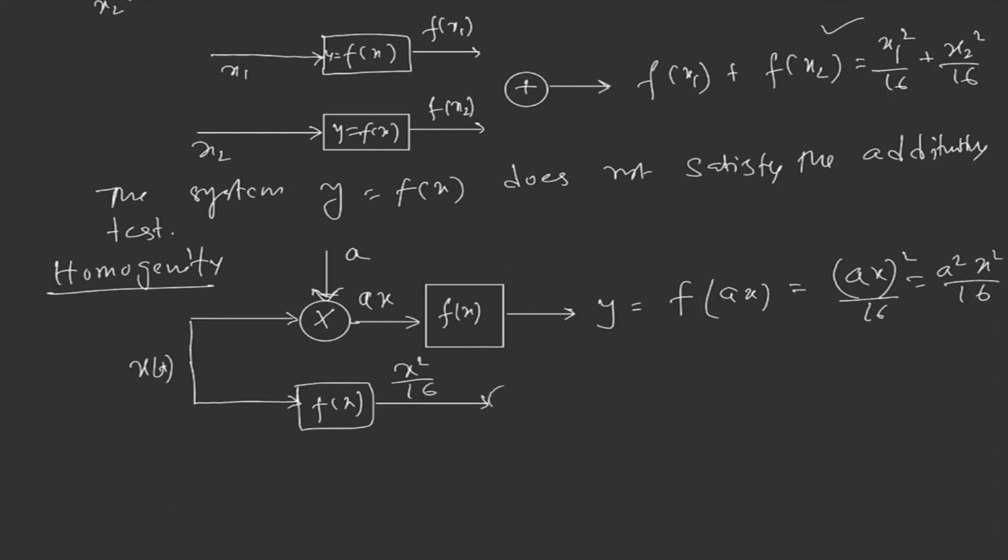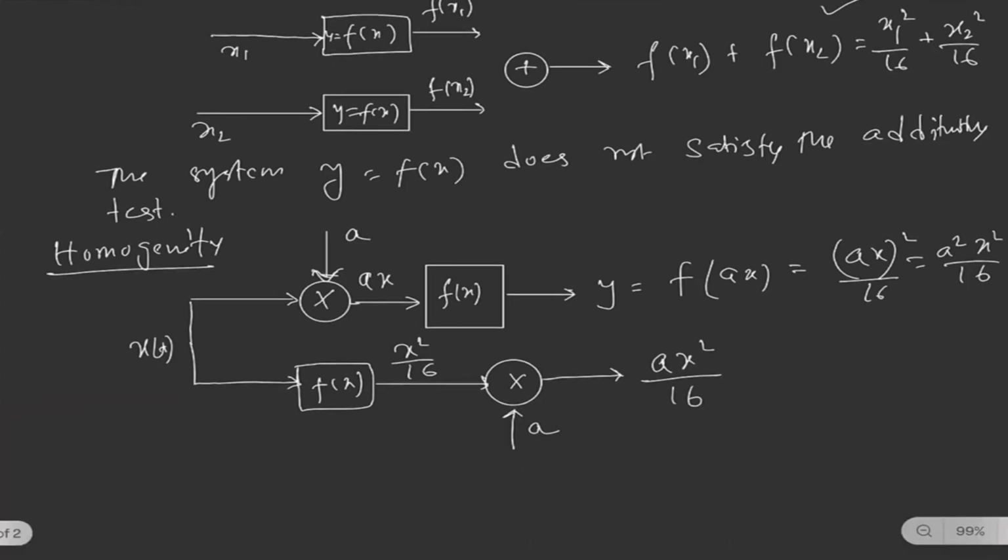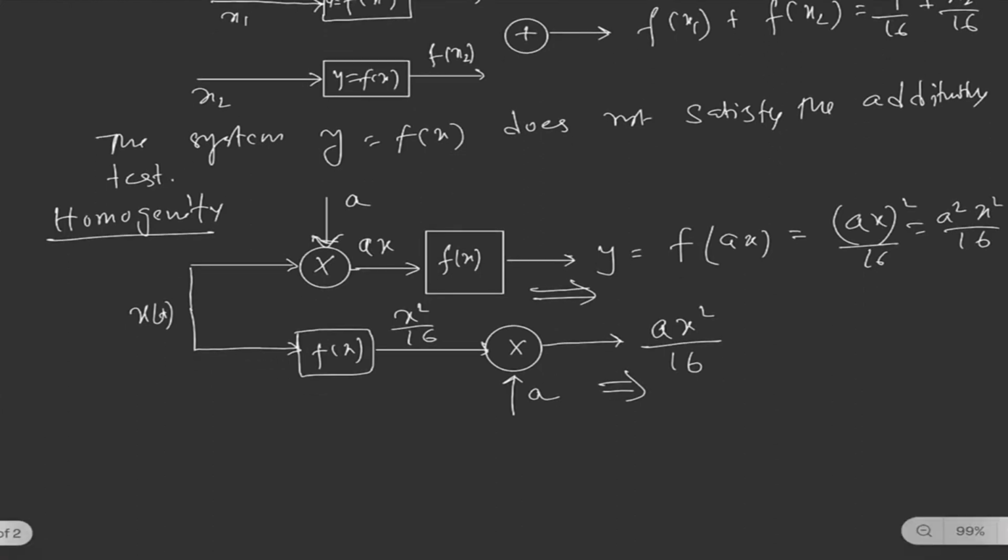And if you now multiply this output with a scaling factor a, the output from this multiplication block, we can come up with a x squared divided by 16. Now, if you notice, the output from this line and this line are different.